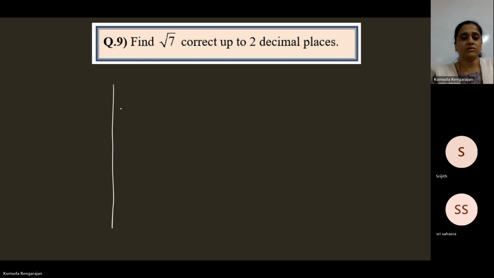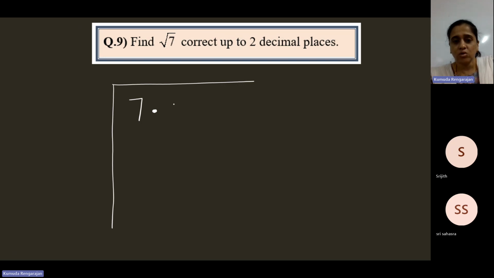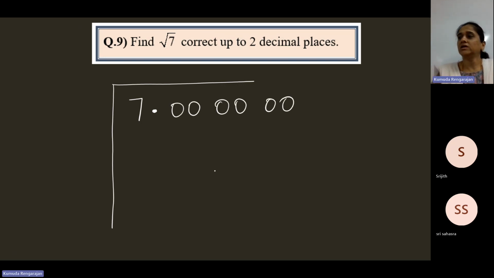Okay. So place 7 like this. And since you need to find up to 2 decimal places, see 7 point will have 3 pairs of zeros after the decimal point. You should have a decimal point because 7 is 7 point.